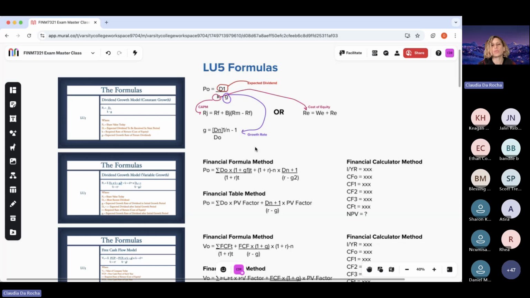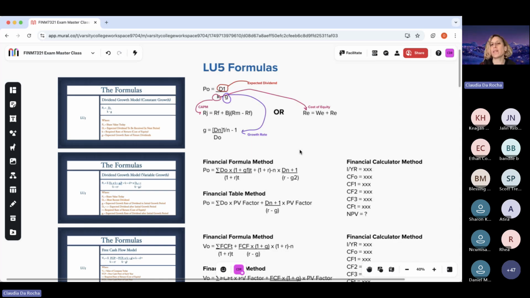With your growth rate formula, it's Dn, so your dividend, over the dividend at the beginning, to the power of 1 over n, that is 1 divided by n, and then minus 1. We'll go through that with you today in a question, as I've said.